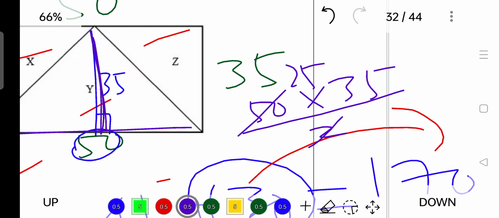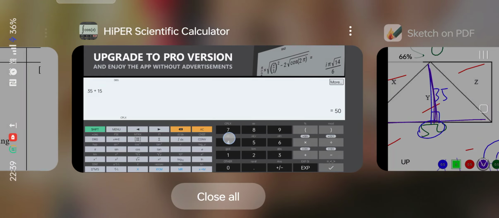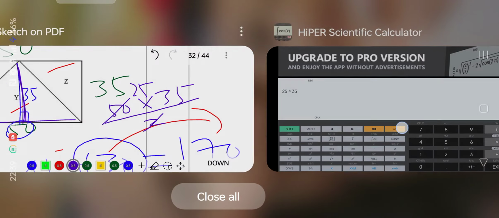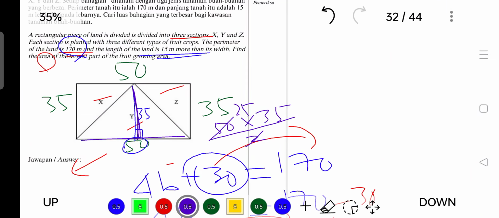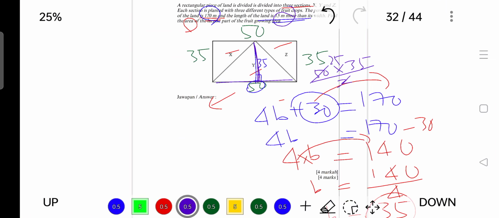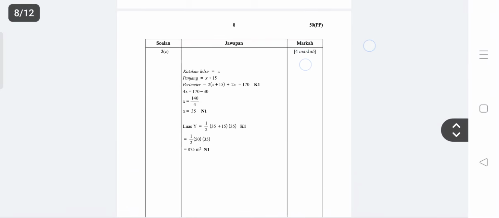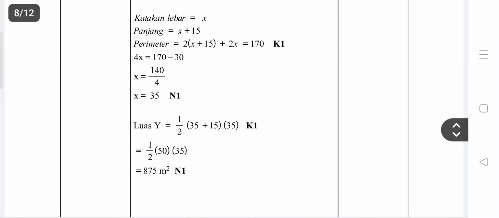So with this I get 25 times 35, which is 875. What is the unit? Meter square. Okay, I can write that down. 875 meter square. Okay, we got it correctly.